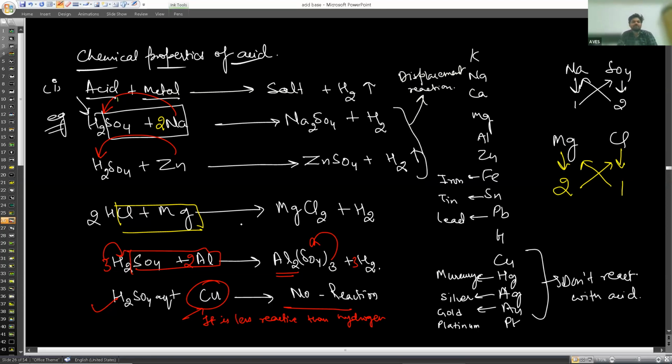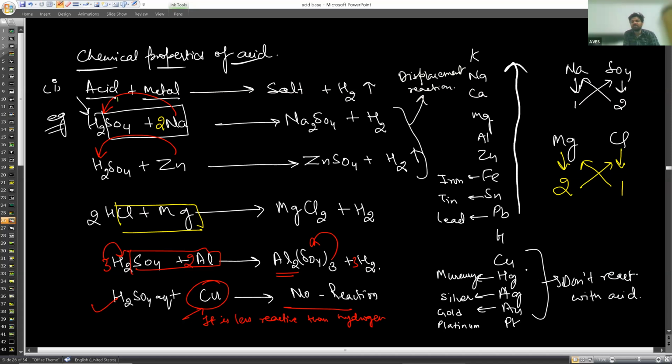Okay, beta. So what we are saying here is that we are studying the chemical properties of acids, and we have studied here that acids when they react with metals produce salt plus hydrogen gas. And since the reaction between acid and metal is a displacement reaction, if the metal is more reactive than hydrogen, means in the reactivity series it is above hydrogen, these metals only react with acids to produce hydrogen gas.